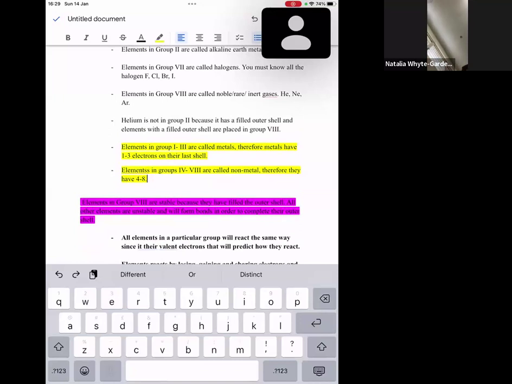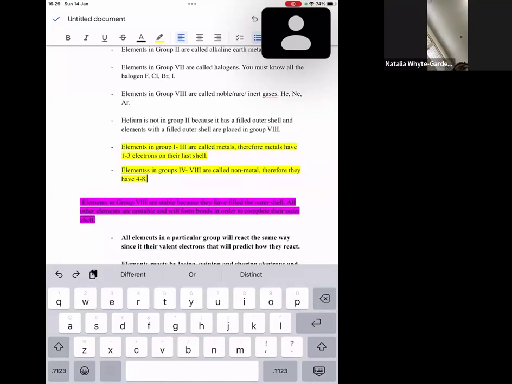Elements in group 8 of the periodic table are stable, and they are stable because they have a filled outer shell. All other elements are unstable and will form bonds in order to complete their outer shell.